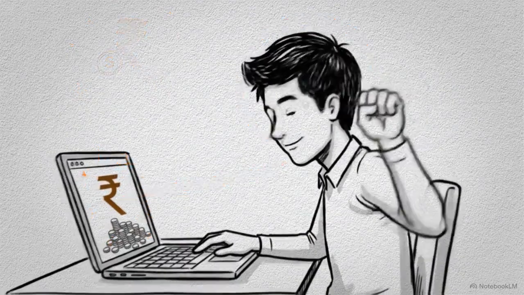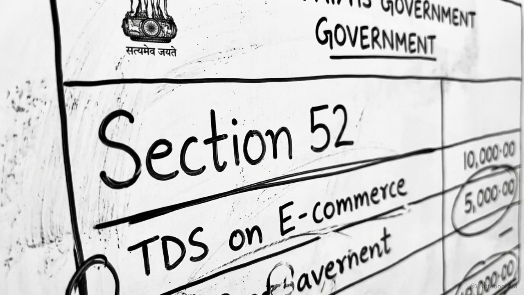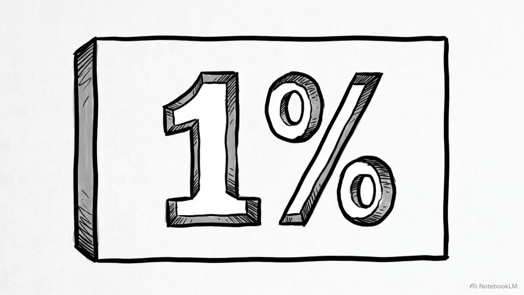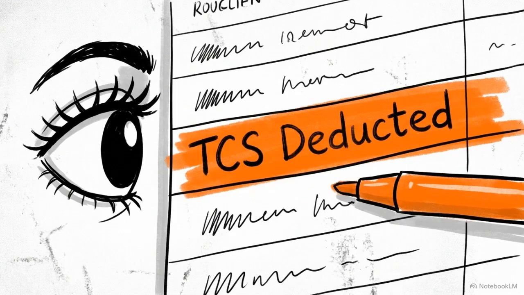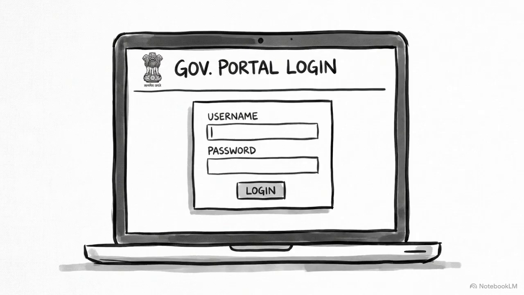your business. Now we must address the tax collected at source, or TCS. Under GST Section 52, the platform is required to deduct 1% from your net taxable sales. You can find the exact amount of TCS deducted by looking at the tax summary section of your Amazon settlement report. To verify this, log in to the GST portal and navigate to the GSTR-2A section.